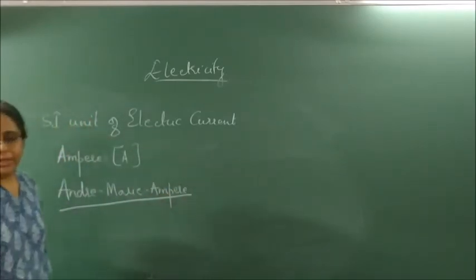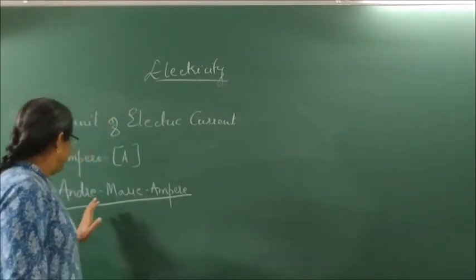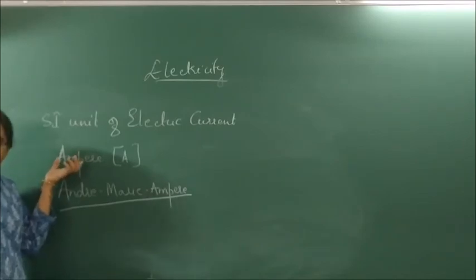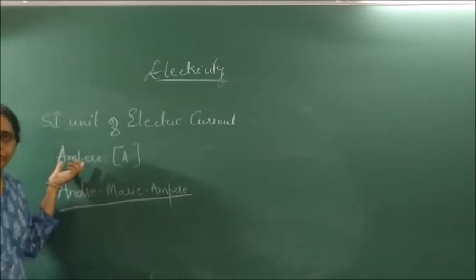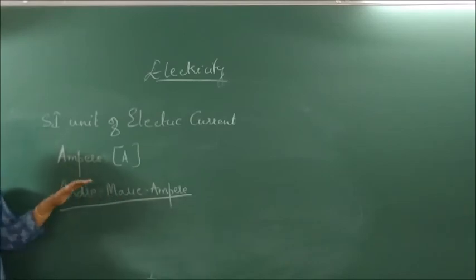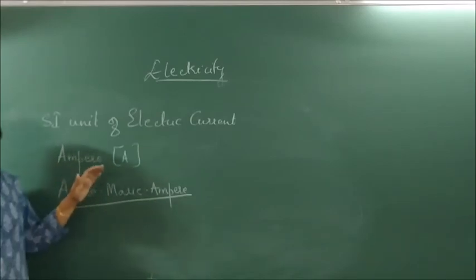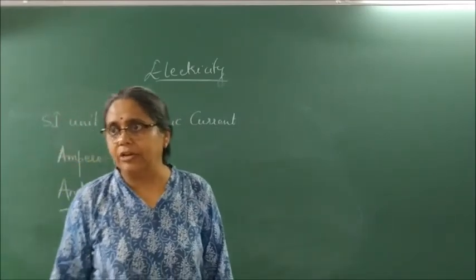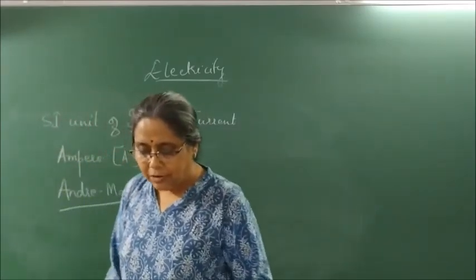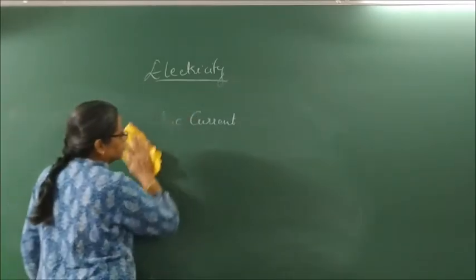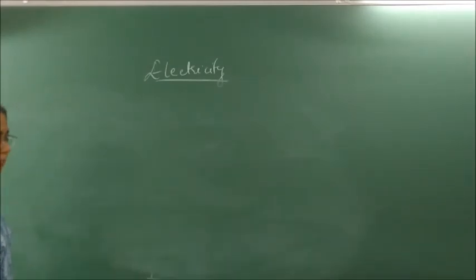Okay, from where does this naming of current as ampere come? To name ampere, the SI unit of electric current, it is to honor a physicist whose name is Henri Marie Ampere. So we honor Henri Marie Ampere by keeping ampere as the SI unit of electric current. Now write, define 1 ampere.